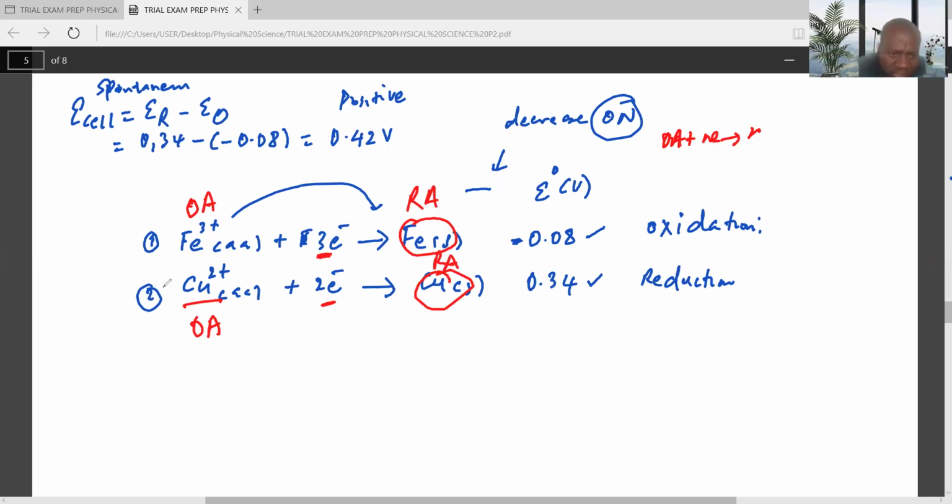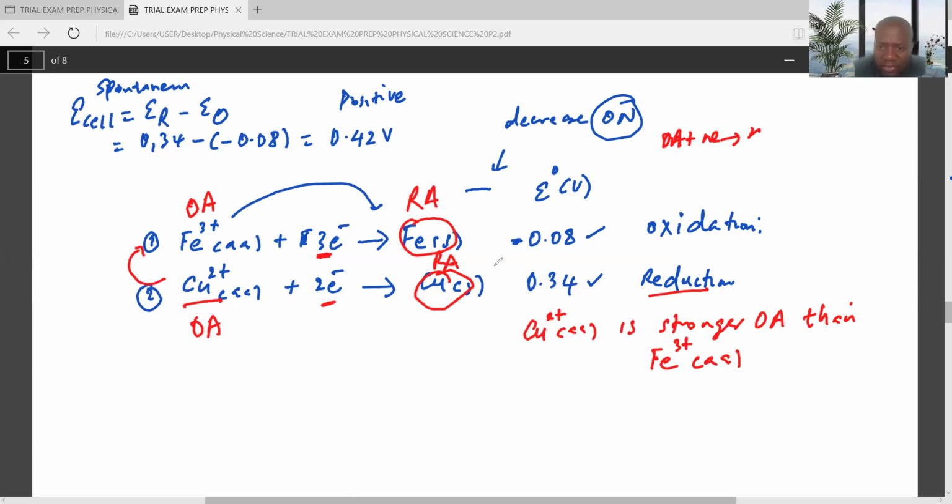Because this one undergoes reduction, it means the copper ion is a stronger oxidizing agent than iron 3+. So this one gains more electrons than that. And because this one undergoes oxidation, it means iron is a stronger reducing agent than copper.